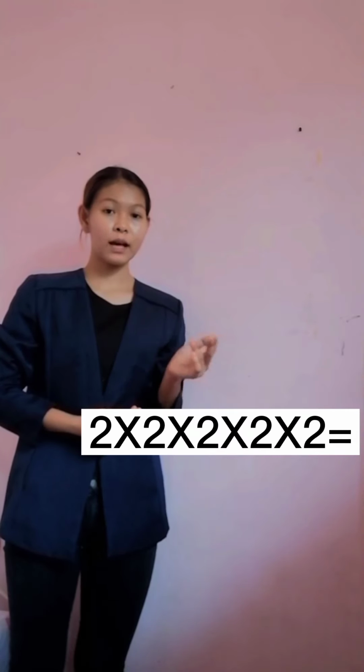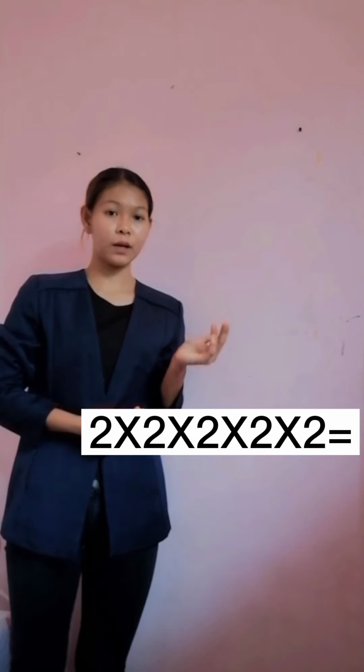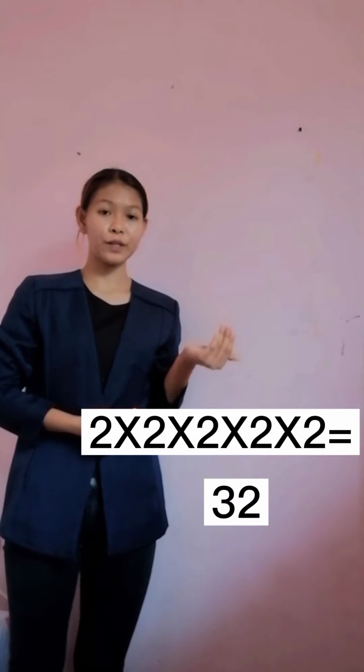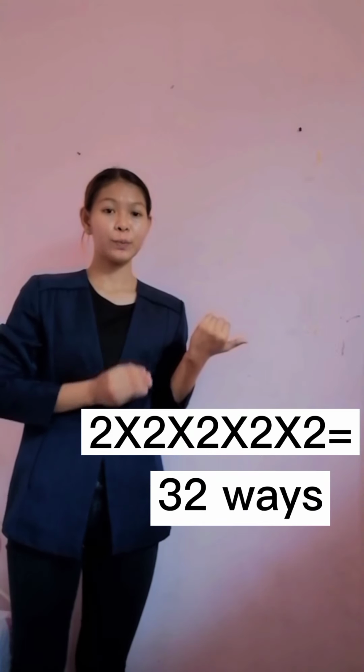If I multiply 2 times 2 times 2 times 2 times 2, it is equal to 32. In other words, 2 to the power of 5 ends up with 32 different ways in which this survey can be filled out. So, 32 ways to complete the survey.